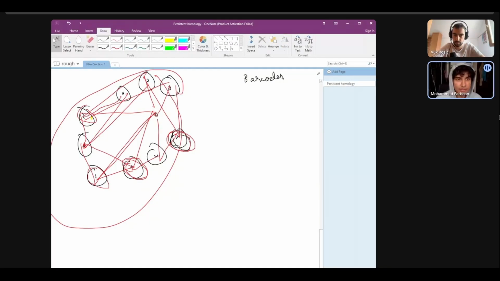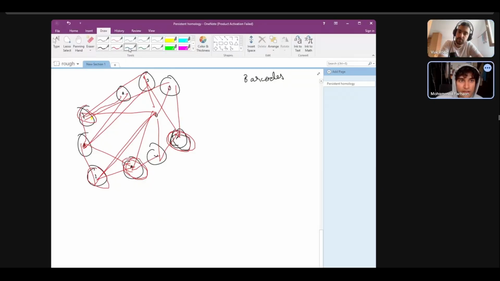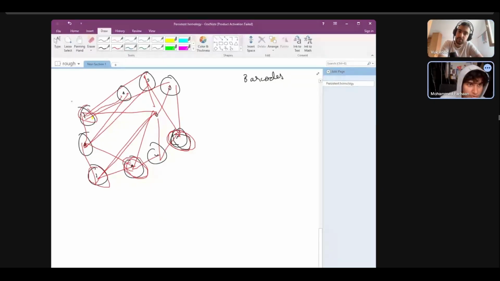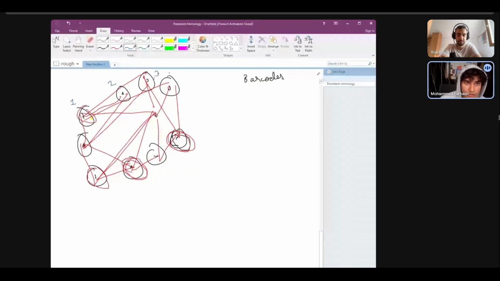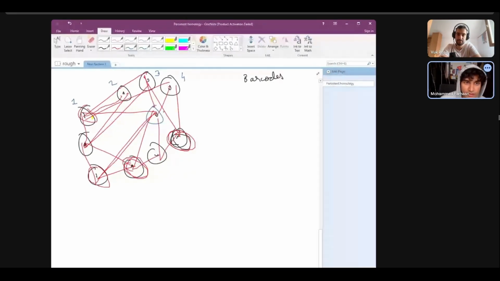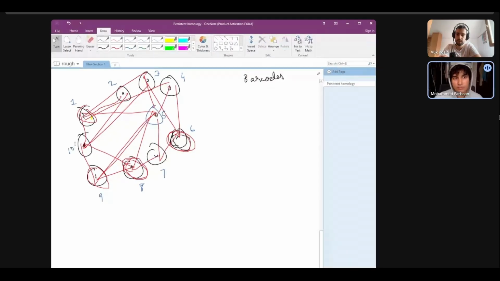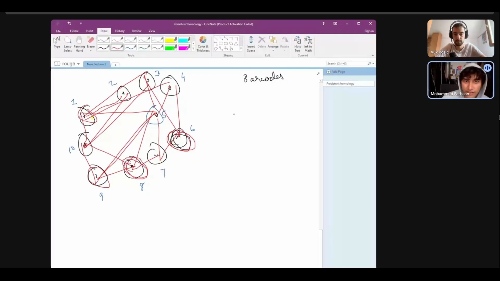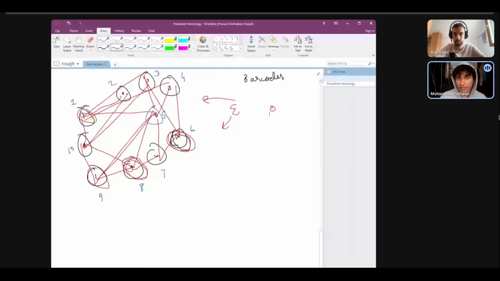Let me label all our points to make sense of this: 1, 2, 3, 4, 5, 6, 7, 8, 9, and 10. So I can give each of these points their own radius, instead of having one epsilon that goes for all of these things and increases the radius uniformly.